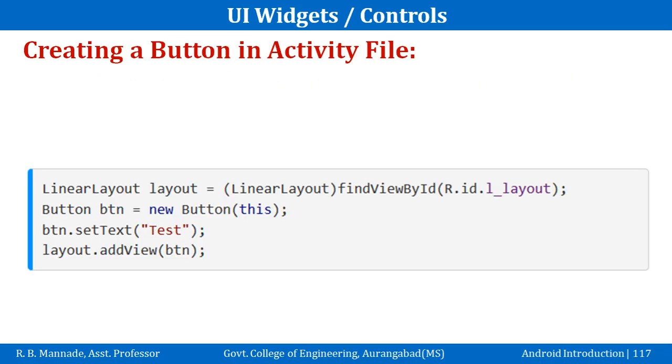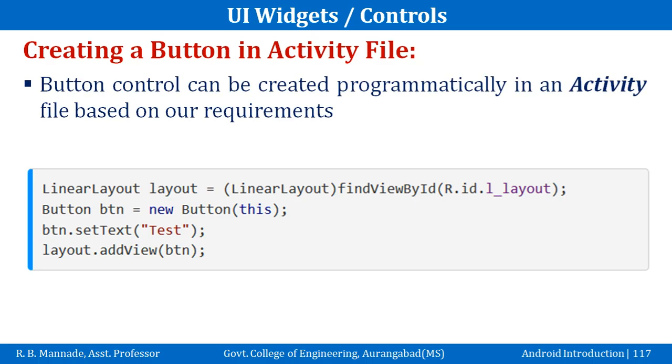Another way is to create a button in the activity file programmatically using some code. So a button control can be created programmatically in the activity file based on our requirement. Here we are defining one linear layout, and we are mapping this linear layout object with whatever layout we defined in our .xml layout file.